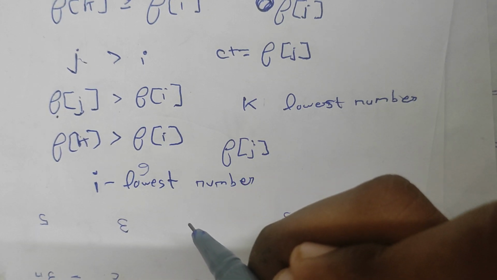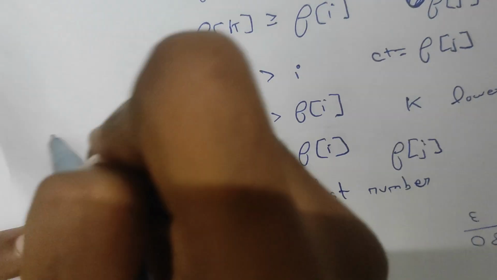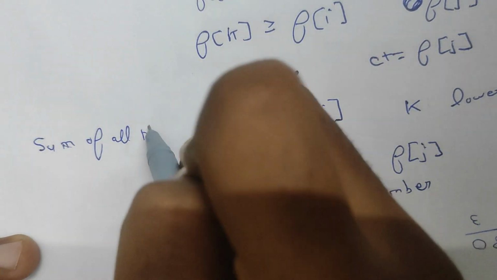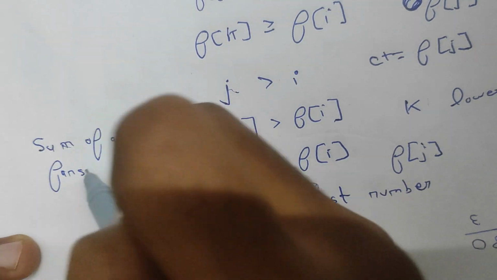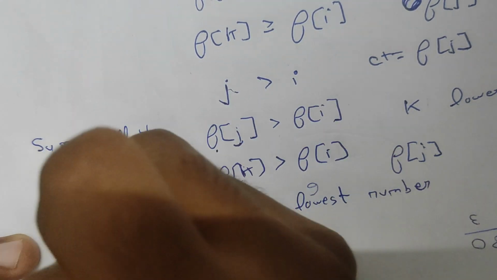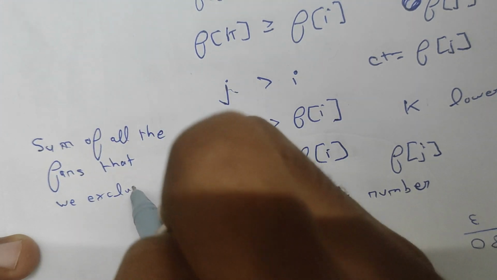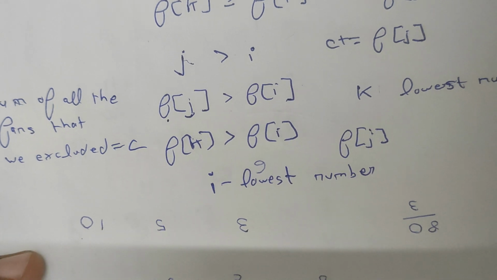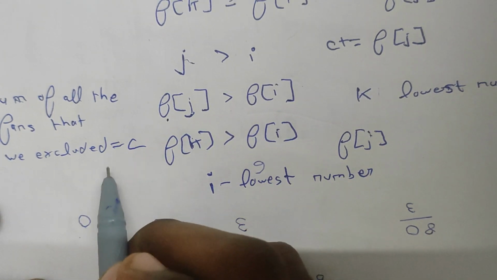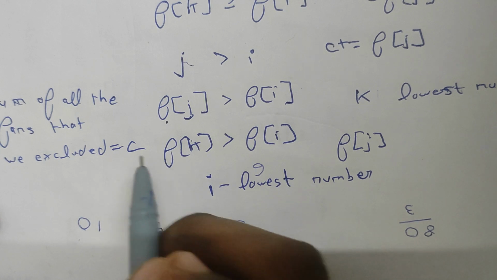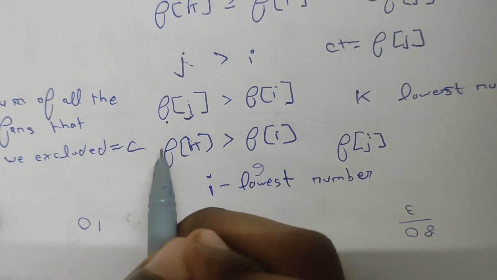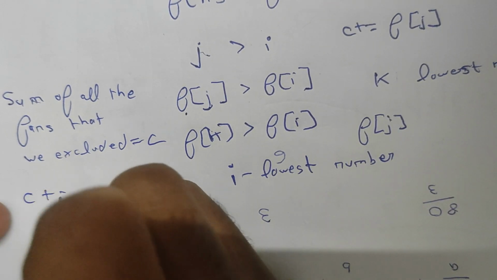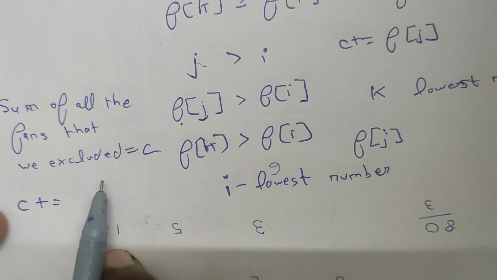So suppose the sum of all the fans that we excluded is equal to C. C had some initial value, so C will be equal to C plus the sum of all the fans that we excluded.